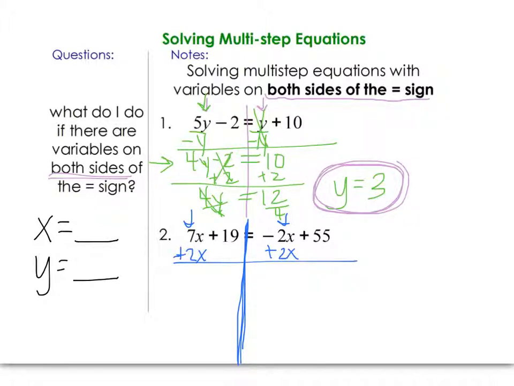Well, 7x plus 2x is 9x plus 19 equals, negative 2x plus 2x cancel out, equals 55. Well, now you have 9x plus 19 equals 55. And you're going to get that x alone, so you want to subtract 19 from both sides.